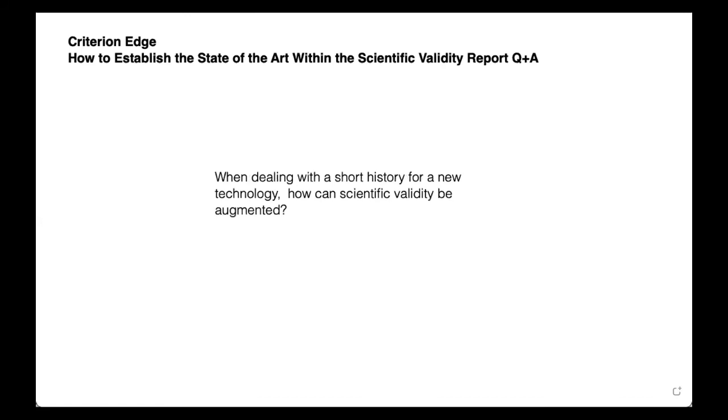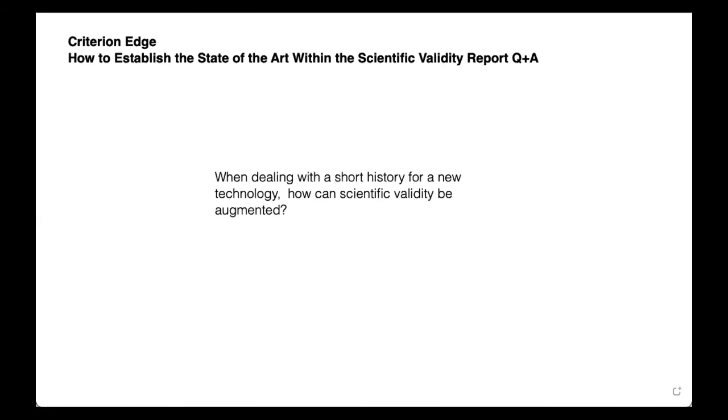It just may not have been approved for the particular diagnostic test that you're showing. So you may have to get into more of the basic science articles, and design your SOA search to try to capture more of those basic science articles, because you just may not have a whole long history in the clinical setting if it's a newer technology.